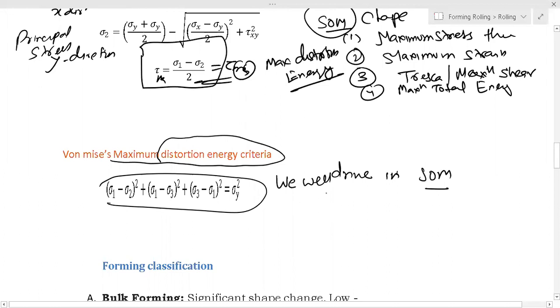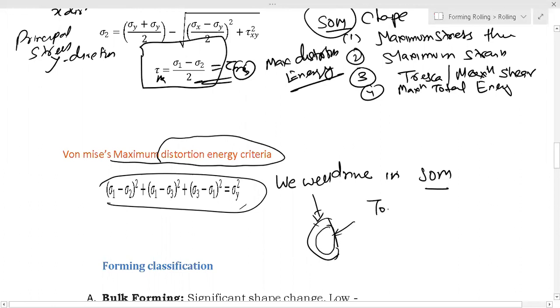What happens? Energy, I just tell you, go and study. Total energy is consumed in two ways. One is changing the shape, and one is distorting the body. So you have one material, and that is being compressed, so it will change the shape.